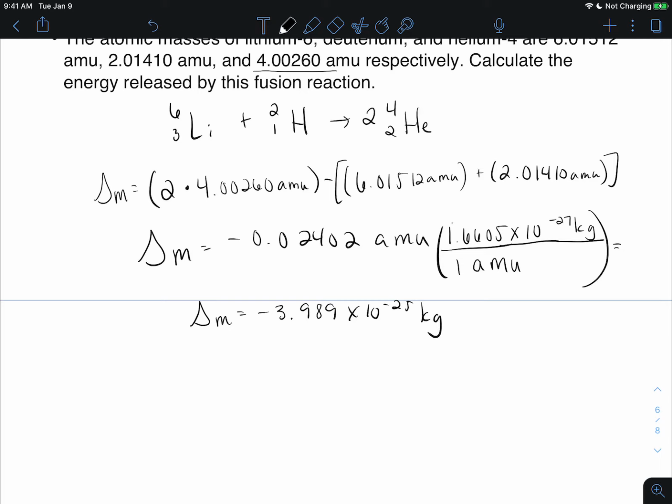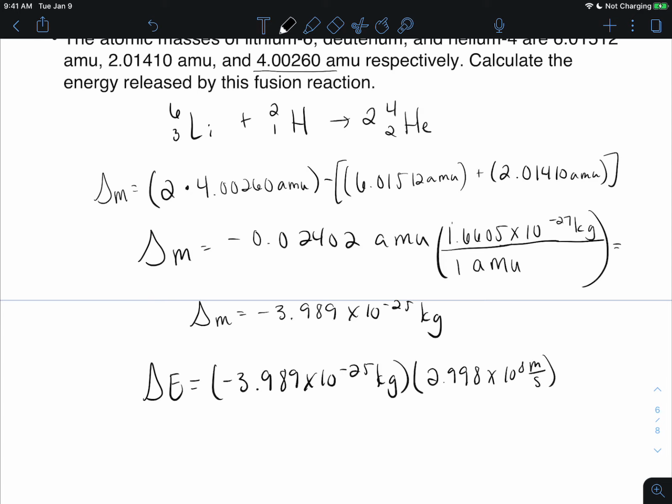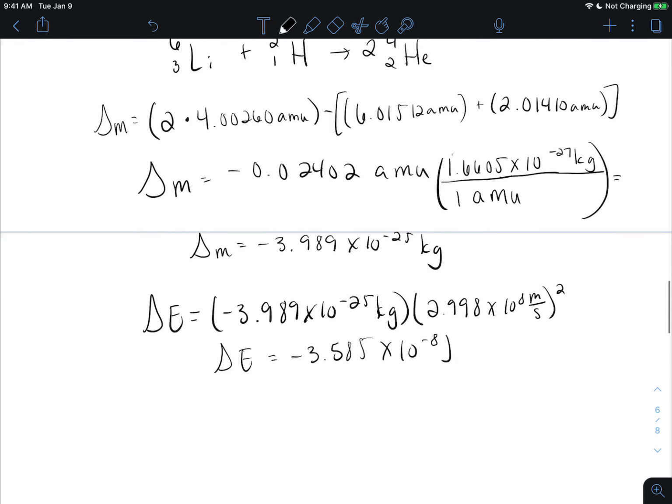That can go into our equation, E equals mc squared. And we're going to multiply that by our speed of light squared, and we get an energy of negative 3.585 times 10 to the negative 8 joules, so it will be a release of energy.